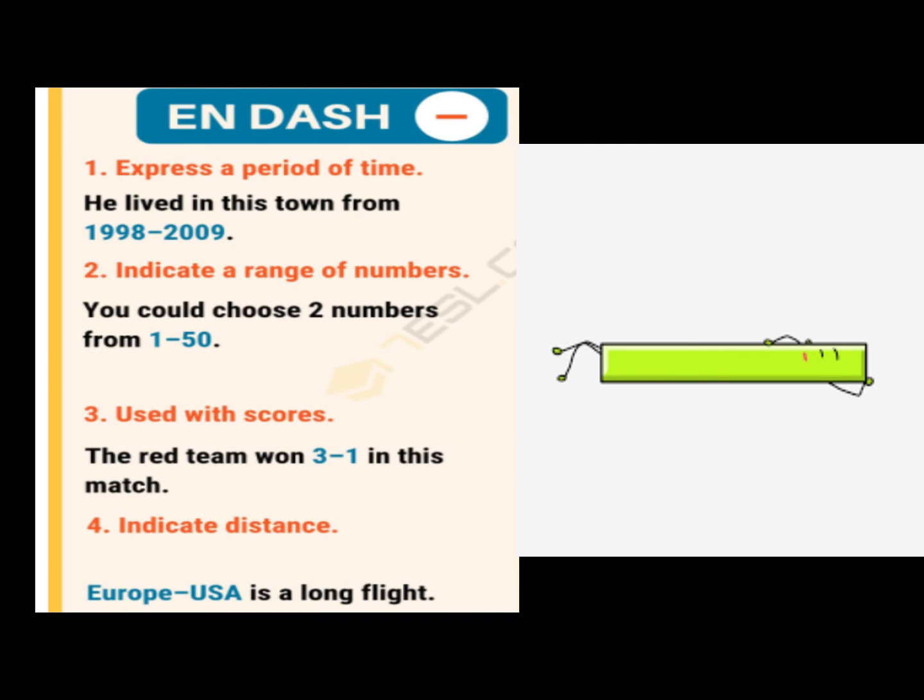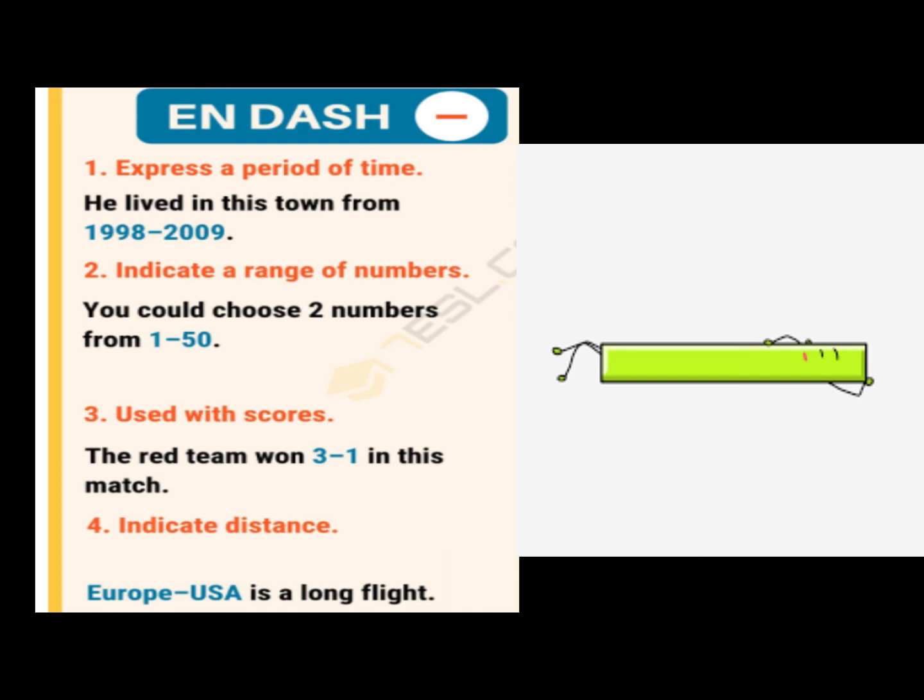Number 1 is to express a period of time. It will be clear when you look at this example. He lived in this town from 1998 to 2009. So in a way, the word to is replaced with this N dash, 1998 N dash 2009.